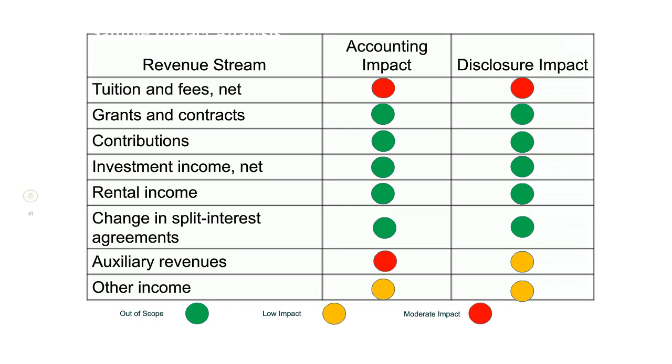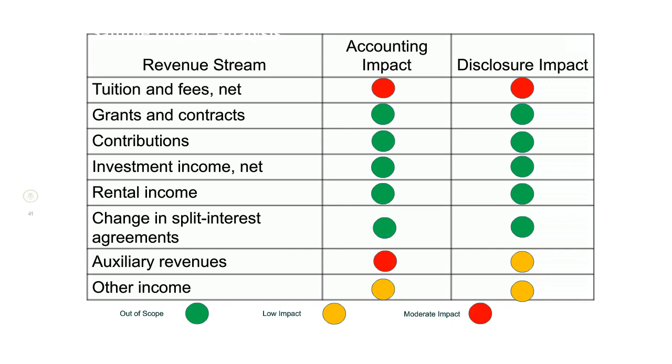As I mentioned earlier, grants and contracts, contributions, and investment income are scoped out of this. Rental income is also scoped out. There is the new leasing standard that is coming up. Changes in split interest agreements are scoped out. Auxiliary revenues, which again is more of a higher education type of revenue, there could be some moderate impact.